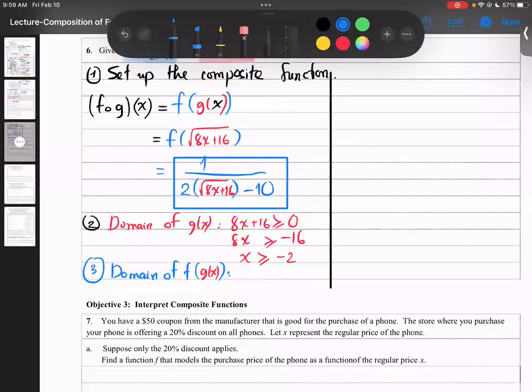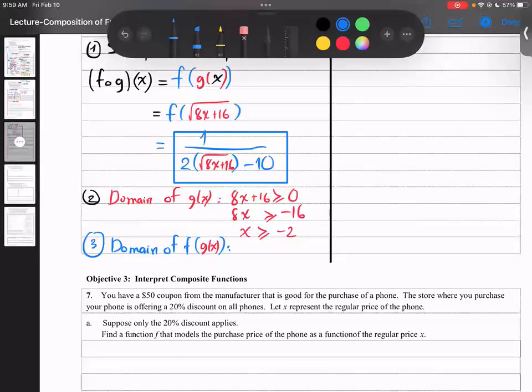That one we boxed in blue. It's a fraction, so the denominator cannot be 0. That means 2 times the square root of ax plus 16, minus 10, cannot be 0. But let's set it equal to 0 for now, just to solve.